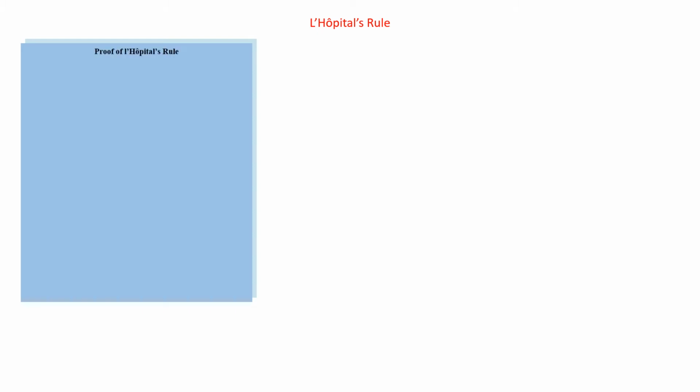So, for L'Hôpital's rule, certain things have to be differentiable, and g doesn't equal 0, except maybe at c, and the limit of f of x over g of x equals 0 over 0.